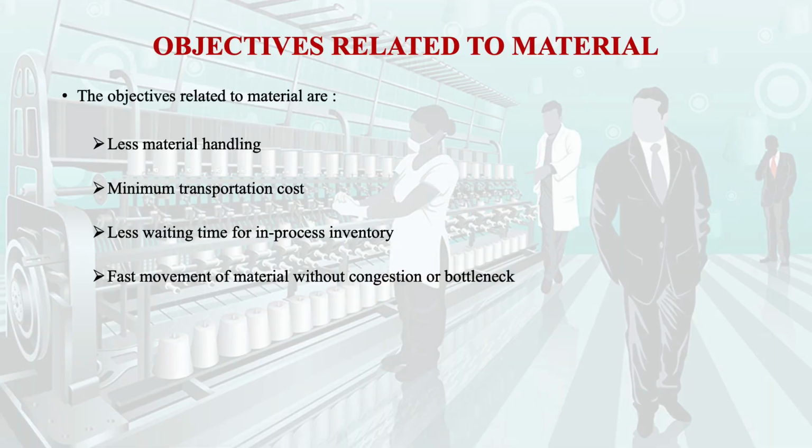The fourth one is the fast movement of material without congestion or bottlenecks. Congestion or bottleneck means you have certain types of hurdles that are restricting the easy movement of material and the easy movement of personnel.